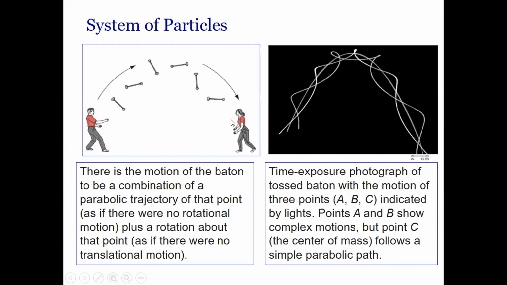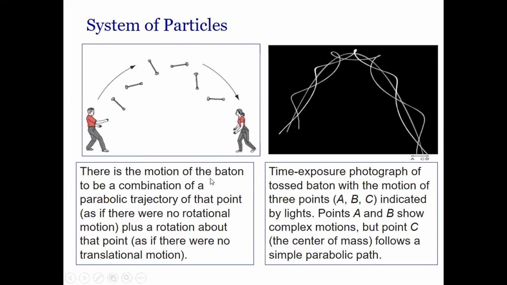Let us look at a system of particles, and here we have the motion of a baton which has a heavy object and a lighter object. You can see a lighter object here and a heavy object, and this is thrown into the air. Now this kind of system, which is roughly a two-particle system, has a rotation which is overlapping the linear motion.